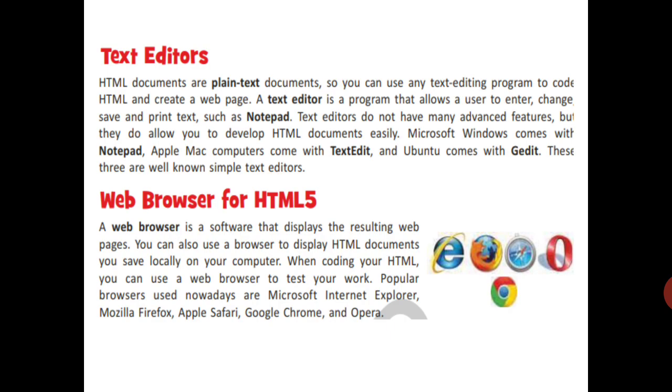We can use any web browser for displaying the HTML contents. Our websites are made using some language like HTML. So here we also need some web browser to open any HTML website or web page. You can see here some examples are given: Internet Explorer, Mozilla Firefox, Apple Safari, Google Chrome and Opera.